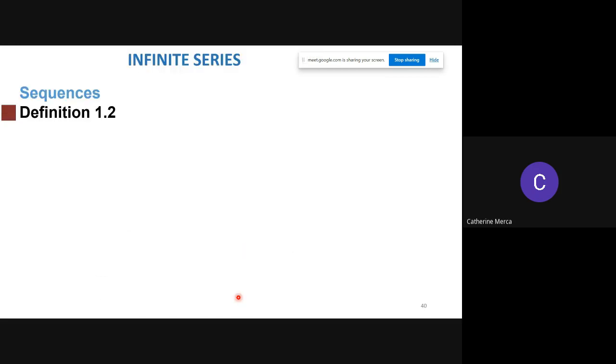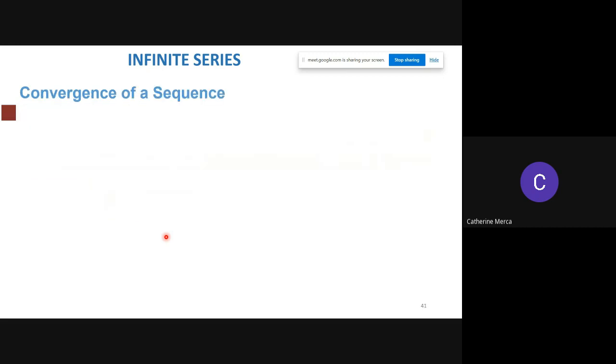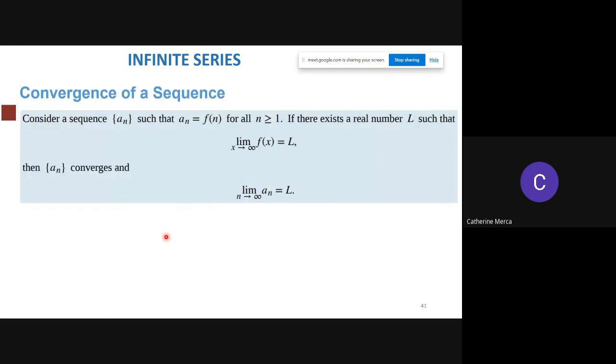Definition 1.2. Okay, let's just have a recap. A sequence, the limit L. If for every epsilon, there exists a number n greater than 0. That is if n is an integer. Then, kaning nga basic definition sa limits ninyo also applies for the limit of your sequences. So, we have that convergence sa sequence.